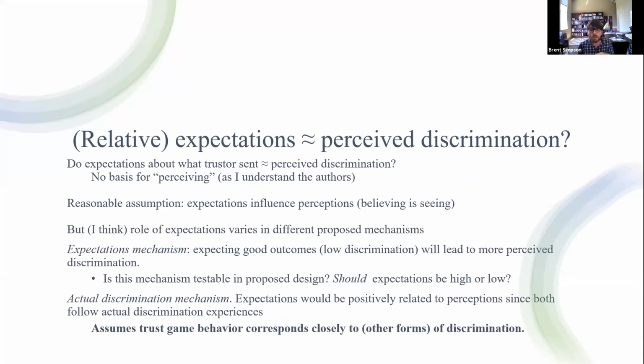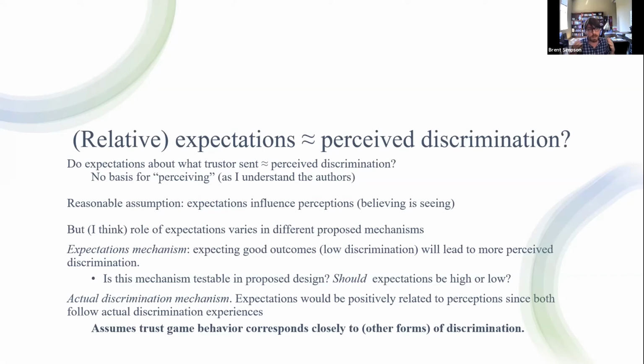So in addition to whether trust in the trust game is a good measure of discrimination, we can also ask whether the trustees' expectations about what the truster did in the trust game is a good measure of perceived discrimination, again, as traditionally understood. At least in the second phase that Judith was referring to, I don't think there's any basis for really perceiving discrimination.